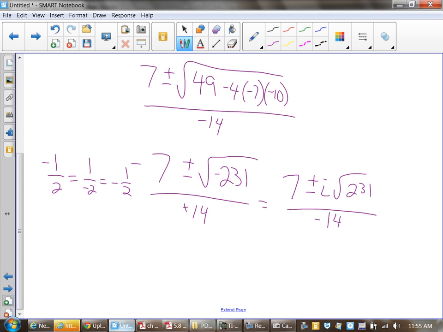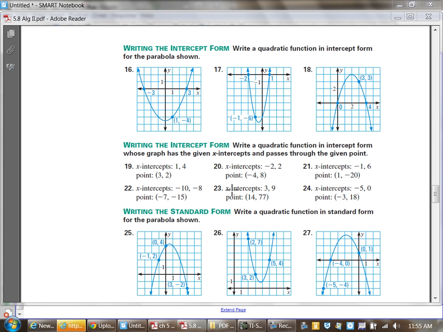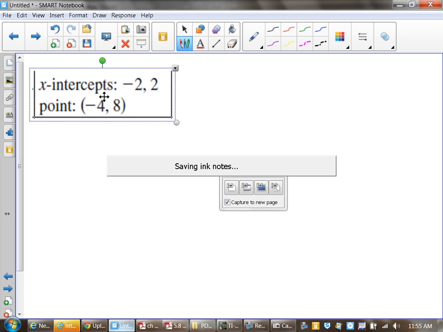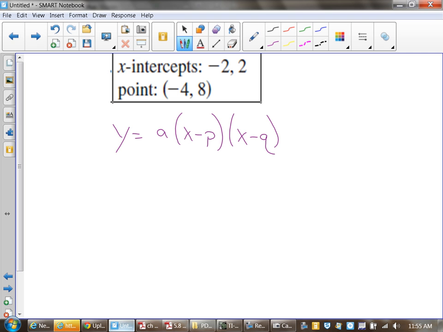Oh, intercept form. Yeah, if you had an intercept form, you're doing the same idea, but you're using a different formula. Your intercept form is y equals a, x minus p, x minus q. Your intercepts, so in this case it would have been 8 equals a, negative 4 plus 2, negative 4 minus 2. I'm just substituting in. Your intercept values are that p and q value, and then you still solve for a.